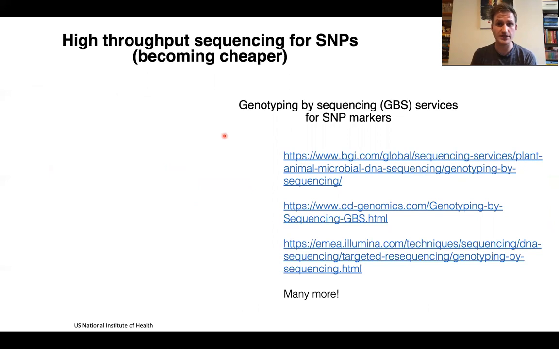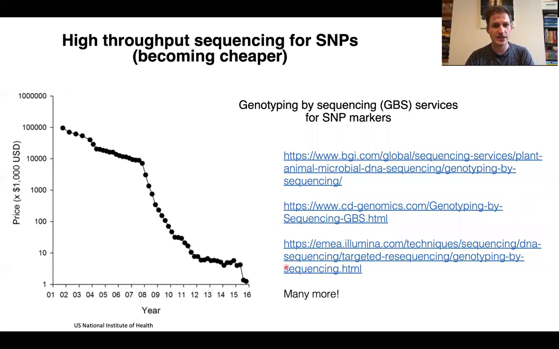Another system that has come online or come available is called genotyping by sequencing, or GBS. There's a few links I've included here. There are very affordable GBS platforms.